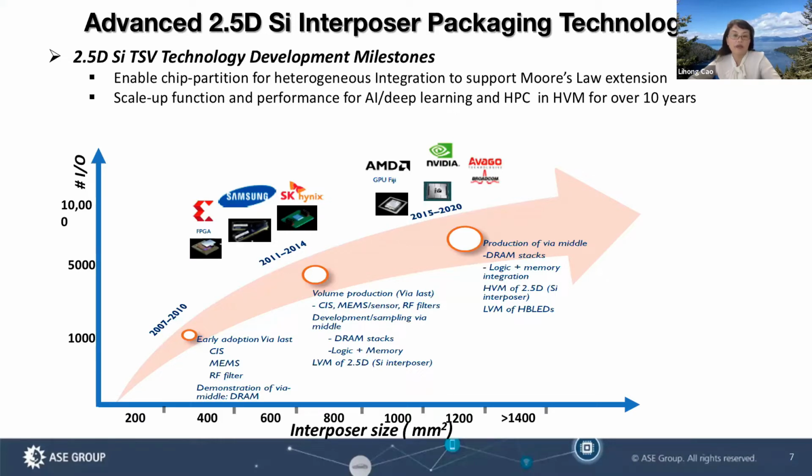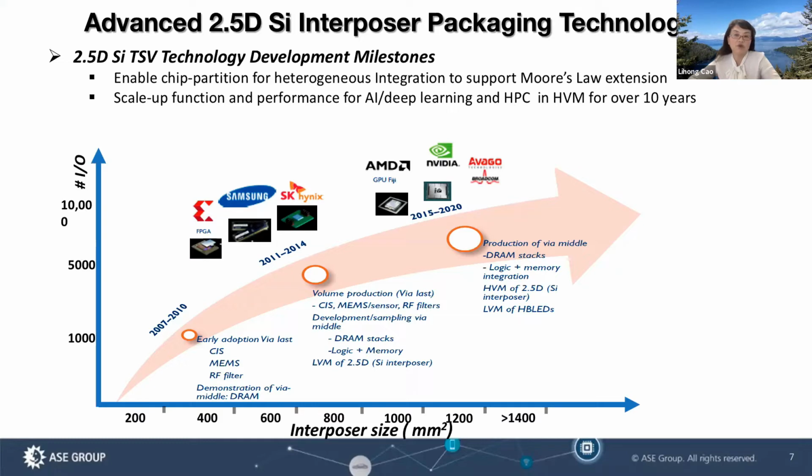The first wave was from 2007 to 2010, which was mainly for MEMS, RF, and sensor applications with low I/O counts.